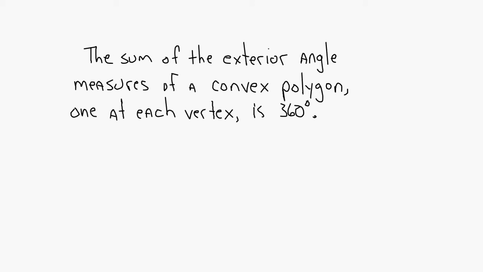The sum of the exterior angle measures of a convex polygon, one at each vertex, is 360.